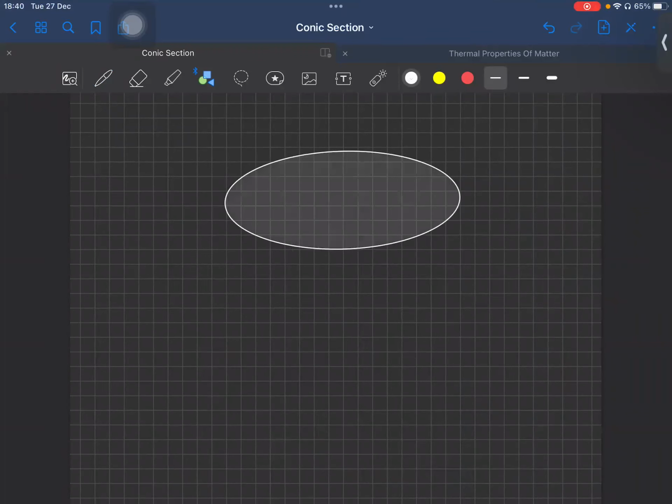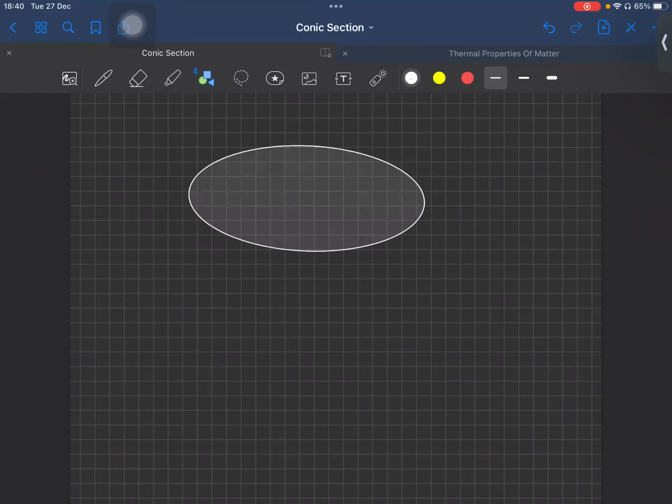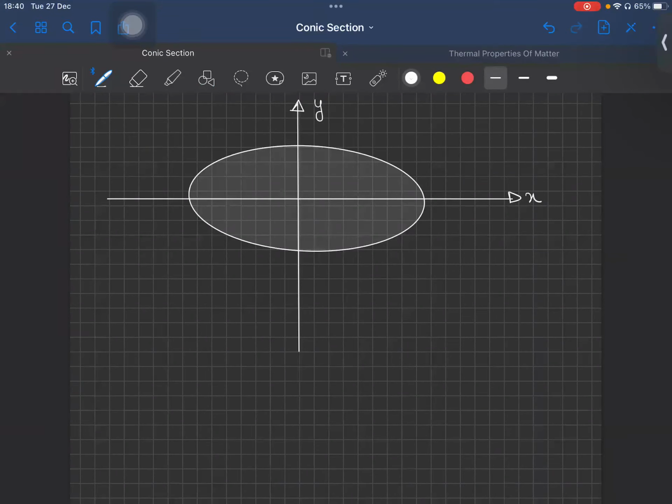So suppose this is your ellipse. Of course, its center is at the origin. Okay, so this is Y, this is X. Okay, so this is the ellipse.